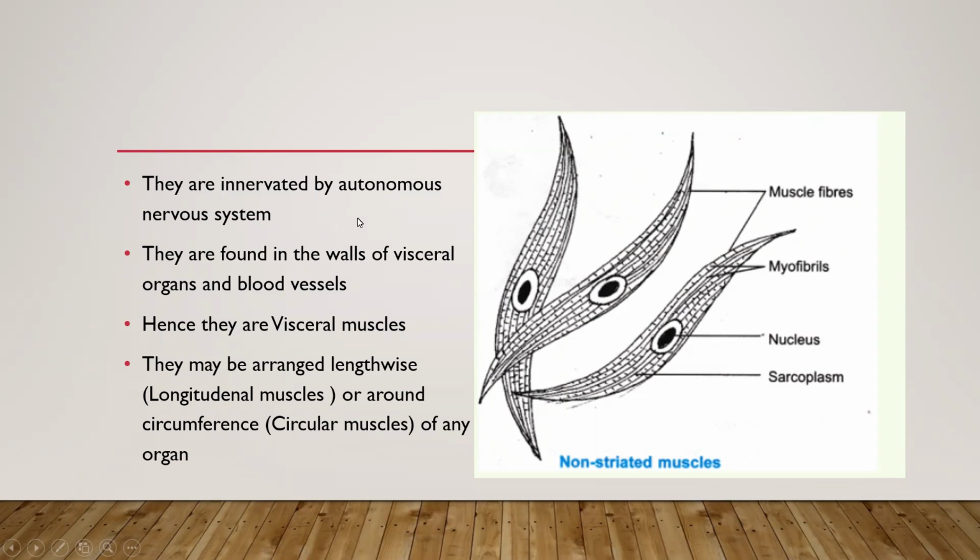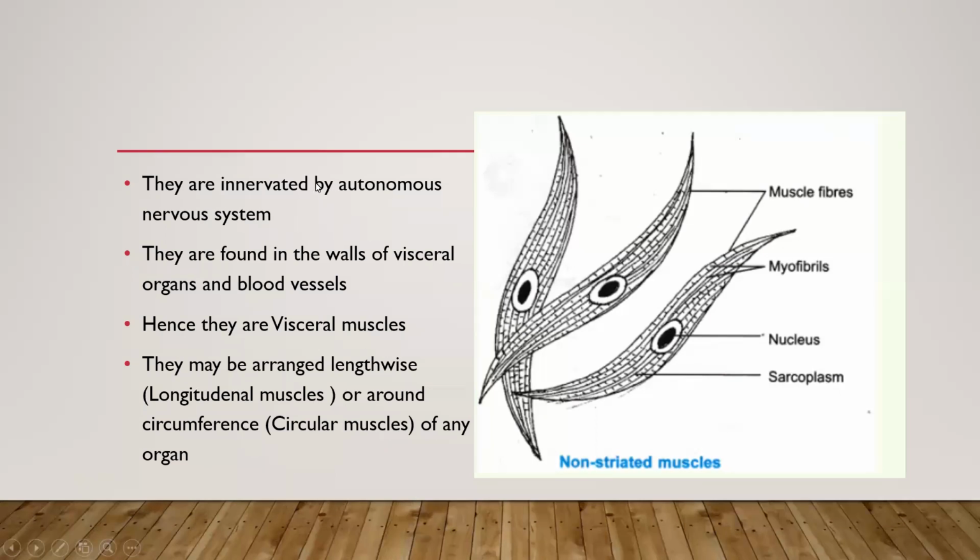Basically heart, yes, then we also have internal organs like lungs, stomach, intestine, blood vessels. Now, all the movements of these muscles of heart, stomach, intestine are not under our control. And hence the smooth muscles are innervated by the autonomous nervous system.